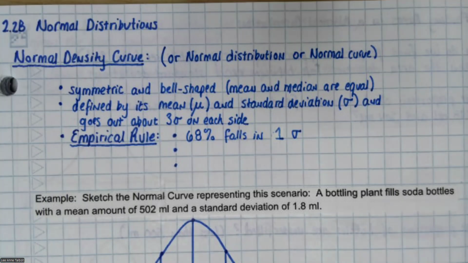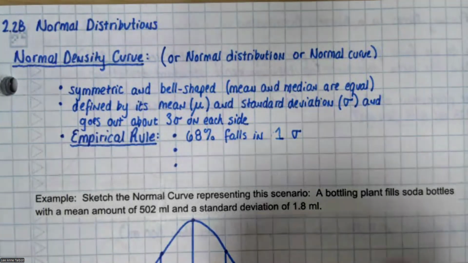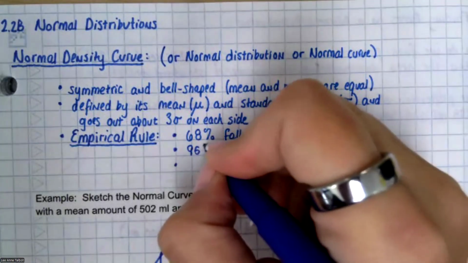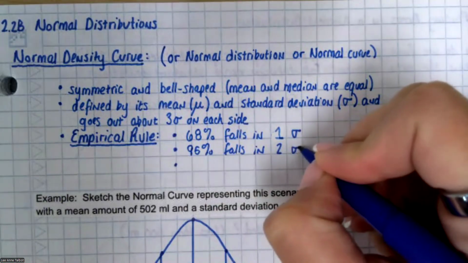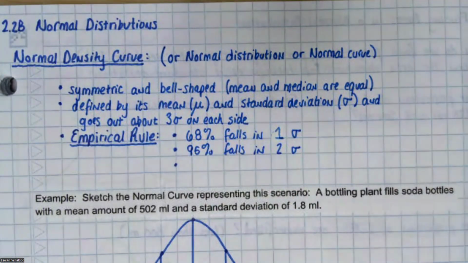Now, you guys can tell I'm going to round. 95% falls within 2 standard deviations on either side. Okay, somebody have their calculator out. They could do 0.95 minus 0.68 divided by 2.